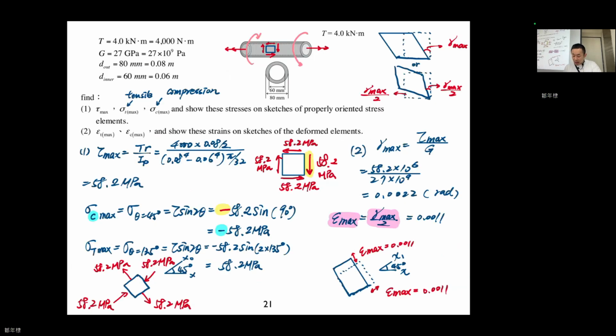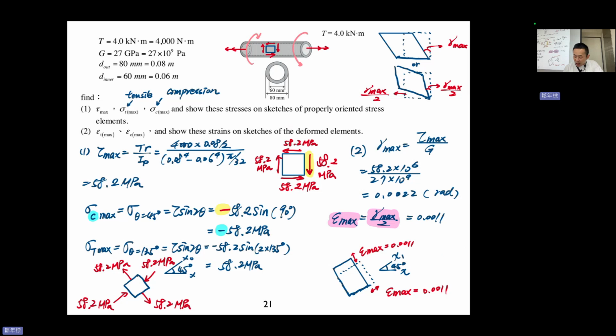This example problem tells us how to draw the stress element, like this. The most important thing is that we guide you how to sketch the deformed element, just like this.